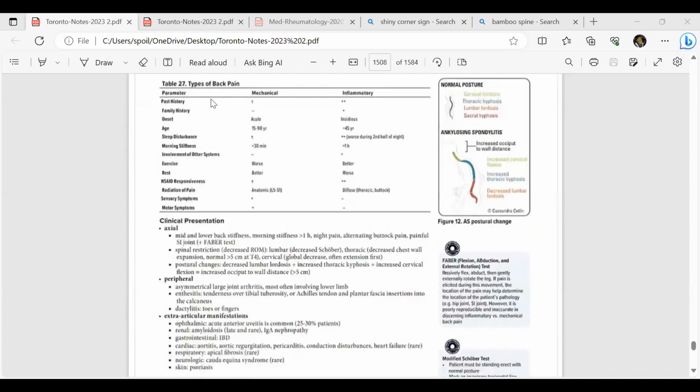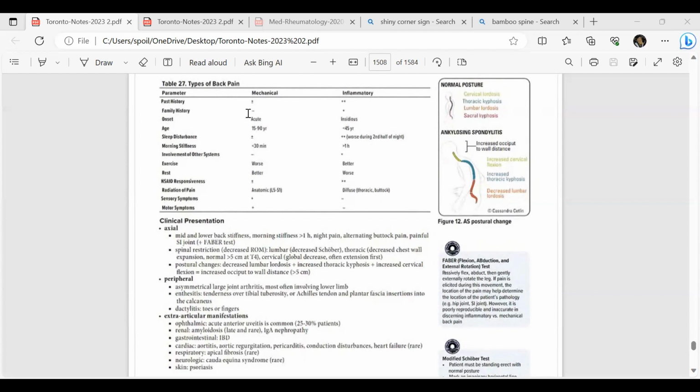Now we're talking about the types of pain. It is classified into two types: mechanical and inflammatory. Inflammatory, as we just read above, is AS. Mechanical is that which we can get by any cause. If we go through this chart, past history is present in mechanical, whereas in inflammatory it's also present.